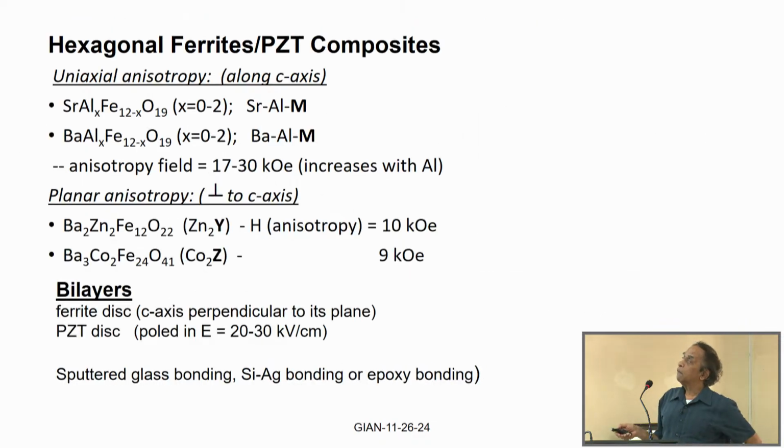All right, hexagonal ferrites, I told you that they have the unique advantage of very high magnetocrystalline anisotropy field. So, you can make devices that do not need an external magnetic bias. They can be self-biased. That is the advantage of that. But on the other hand, the overall magnetostriction and the piezo-magnetic coefficient are not that great.